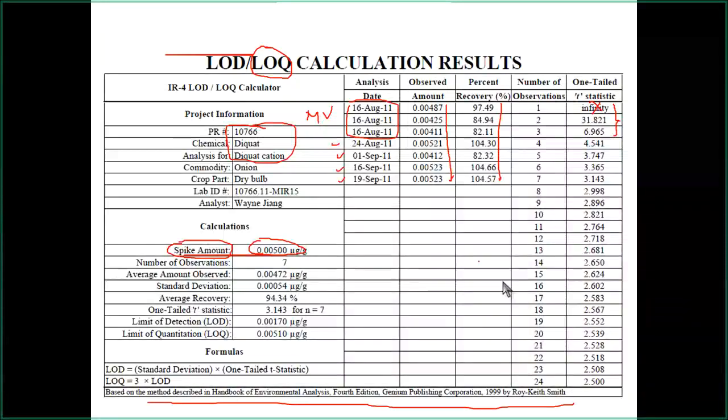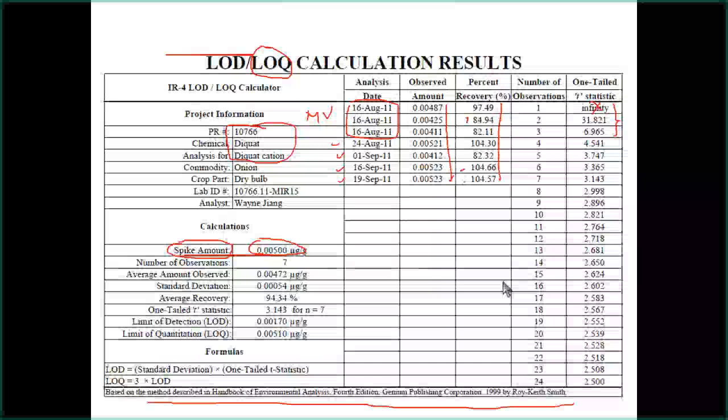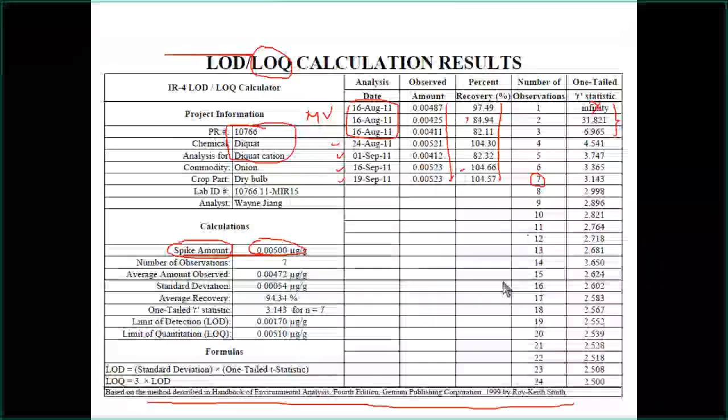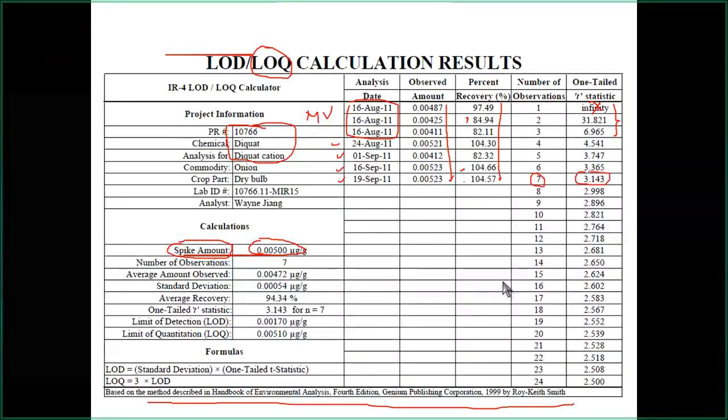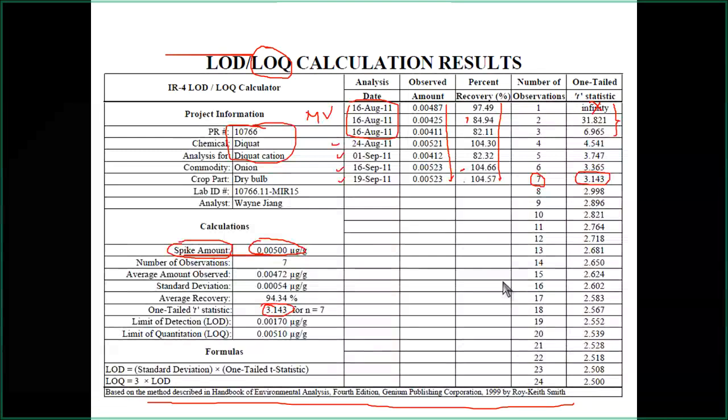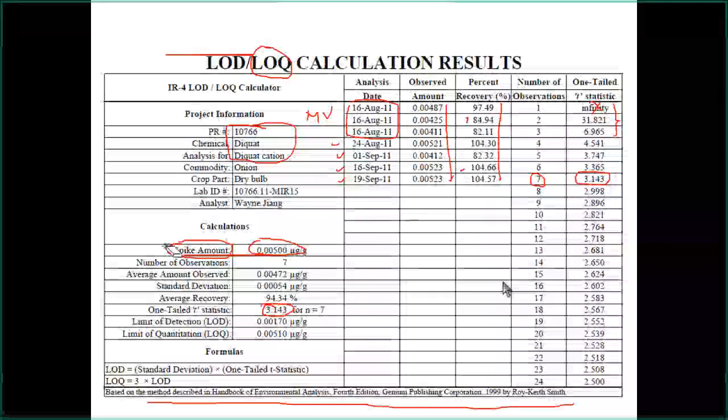So we got them, and you will see the numbers are from 84 through 104, something around there. So we did 7. Then we use the student t number here, which we put down here. So the calculation is very, very simple now.